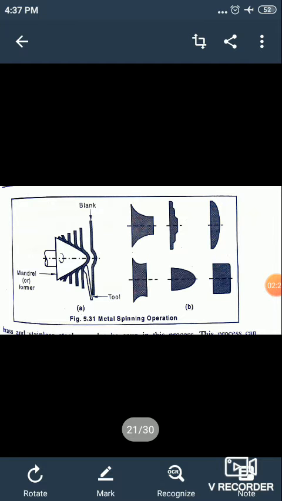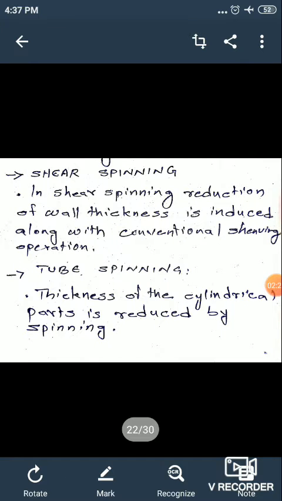Okay. Next, shear spinning. What is shear spinning? There is a difference between the conventional spinning process and shear spinning.